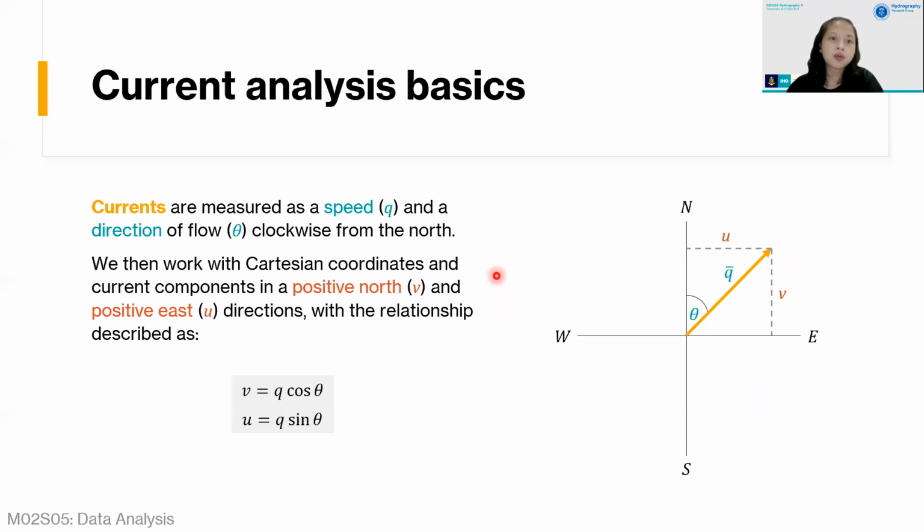Then we can work with the Cartesian coordinates of the current components: positive north is v, and positive east is u. The relationship is quite straightforward, and you can see it from this diagram. Your speed is your vector q, and then your flow is your flowing direction.